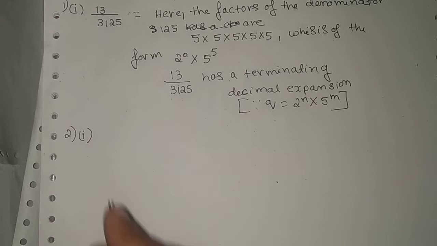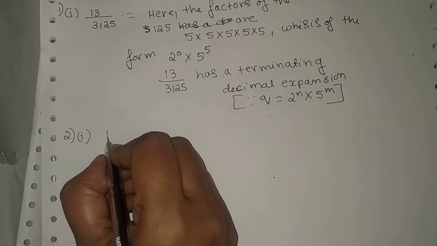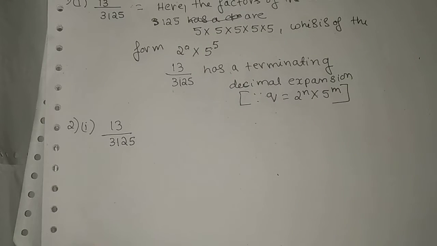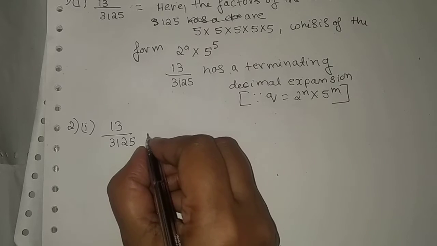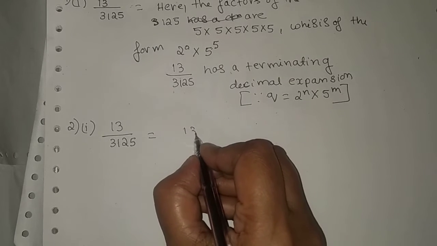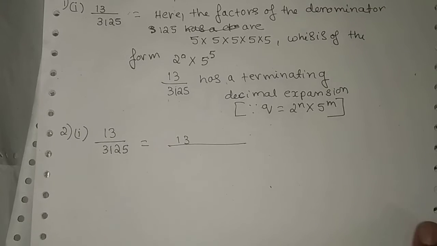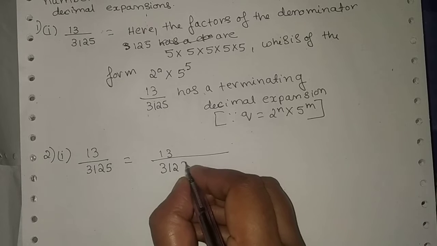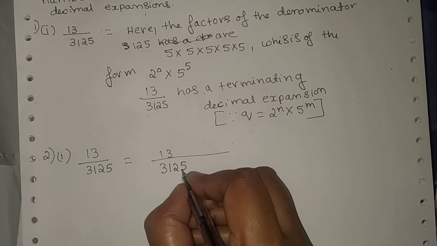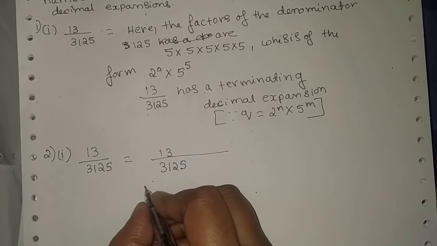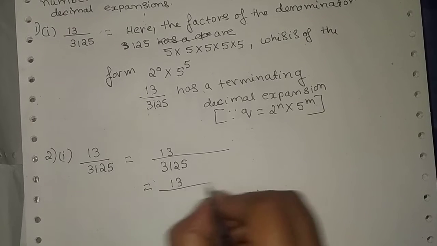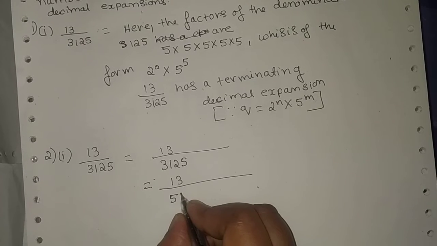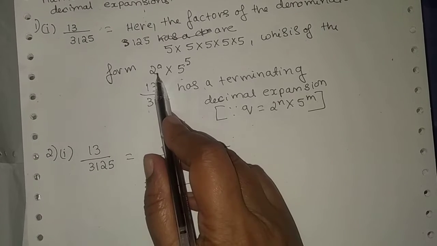Take the given number 13 by 3125 and factorize it. 13 by 3125 is equal to 13 by 5 to the power of 5, and we have 2 to the power of 0.